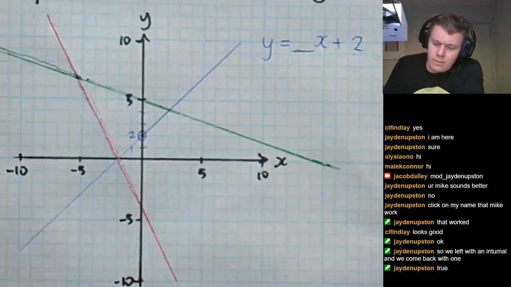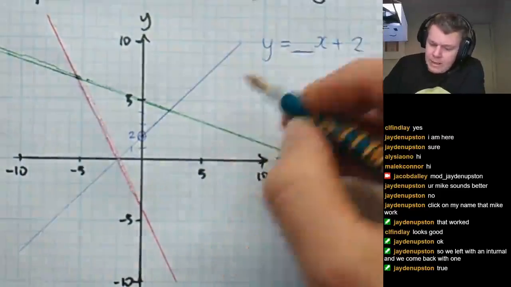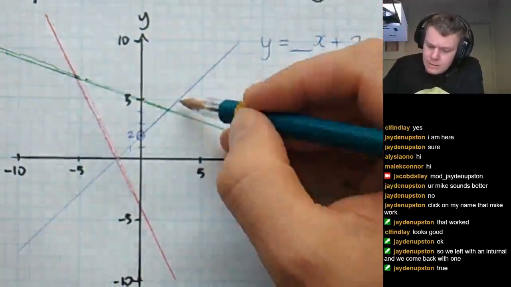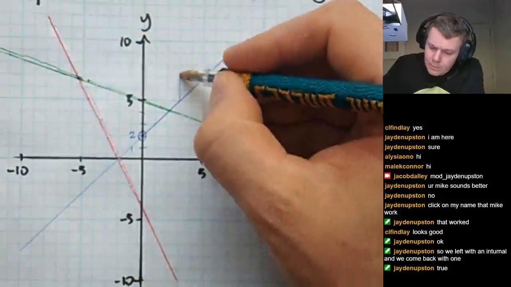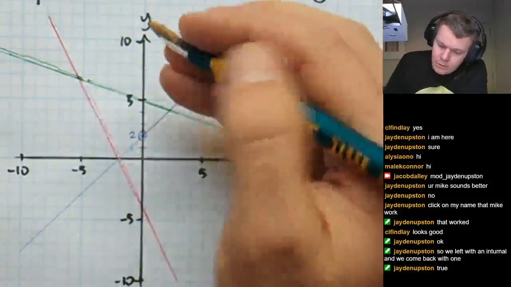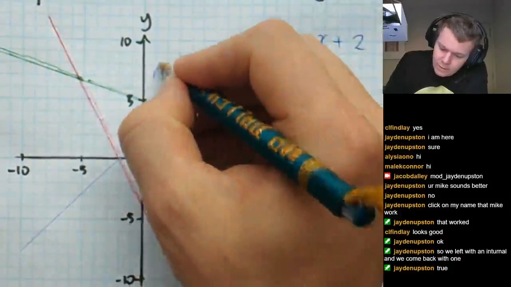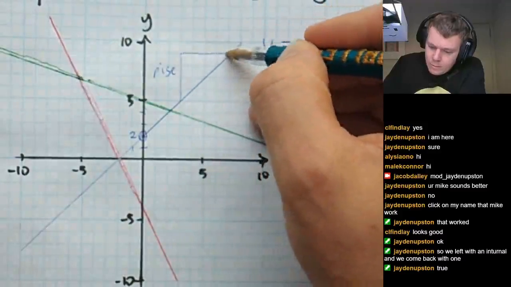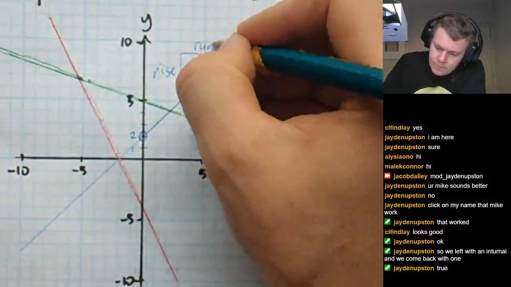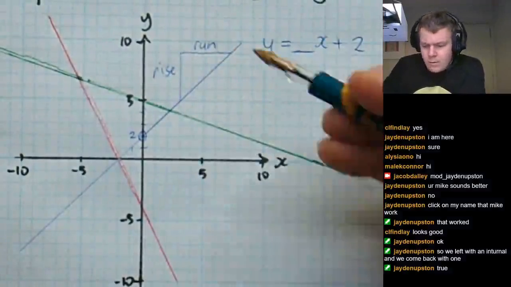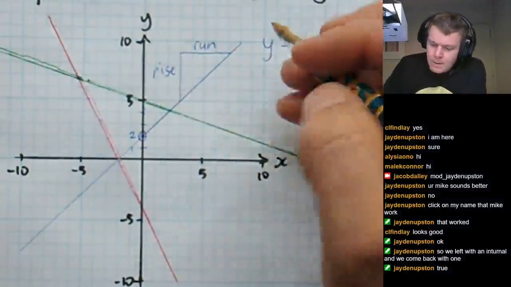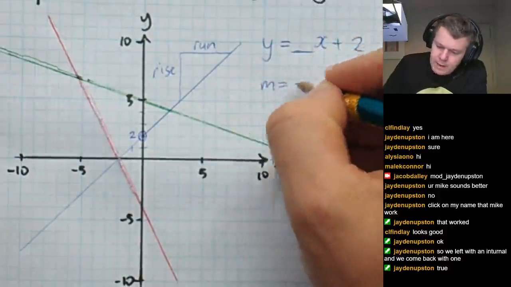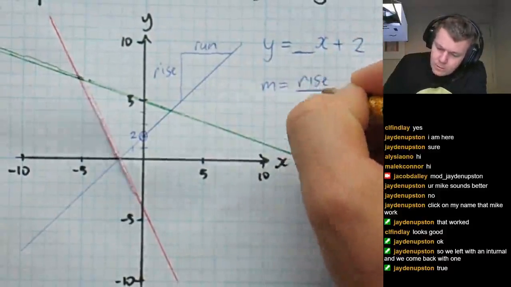The gradient is how you can pick any 2 points on a line and just go up. This is your rise, and then you come across. This is the run. So our gradient equals rise over run.